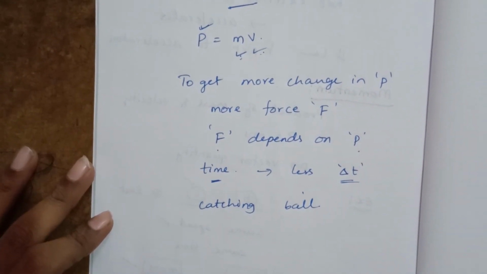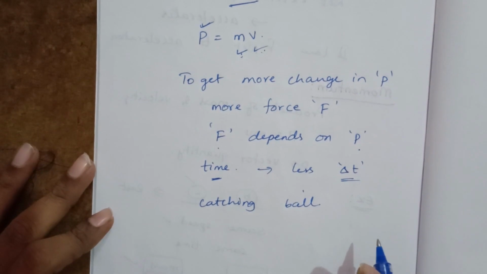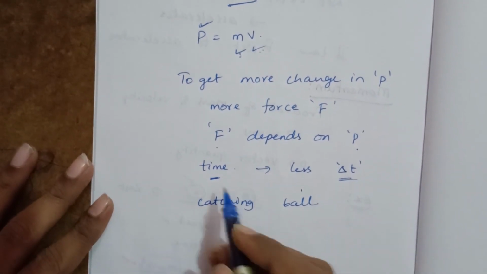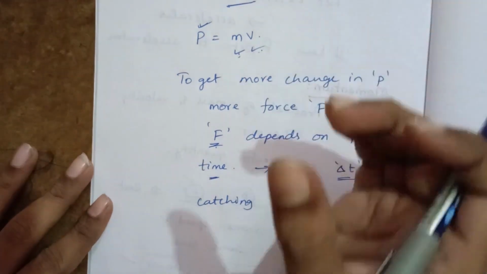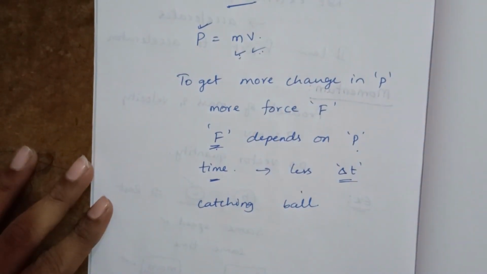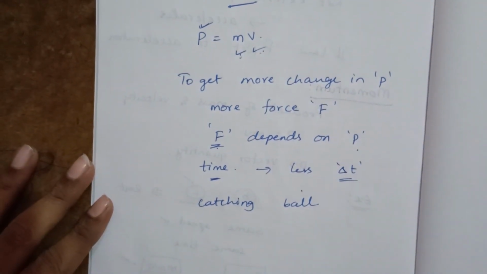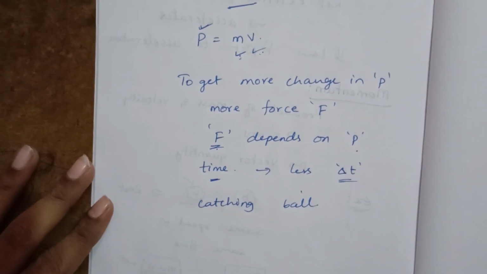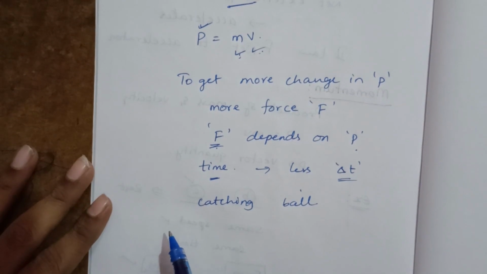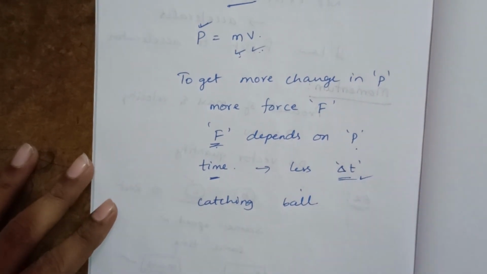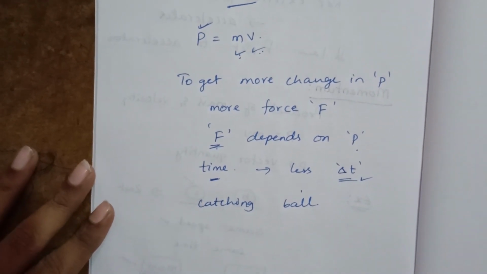Whenever he drags the hands, he won't get hurt. So whenever time increases, force decreases. As he is dragging the hands, the impact time will be more and the force will be reduced. Based on that also, time is required here.